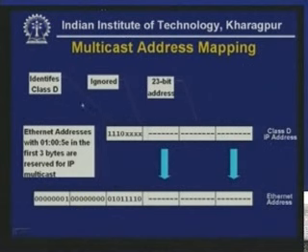Suppose this is 1110, the first 4 most significant bits, so this is a class D address, and we are looking at the first byte of that address. The first 4 bits 1110 identify that this is a class D address.